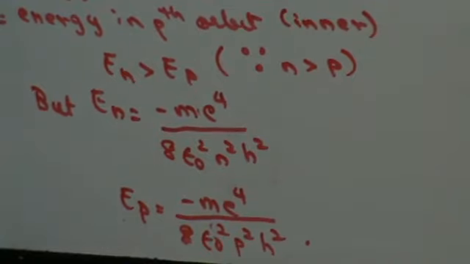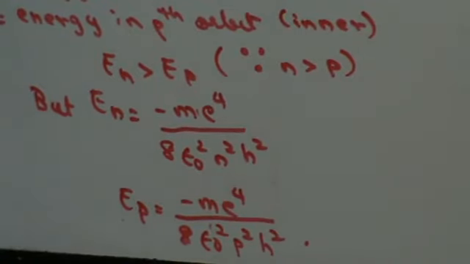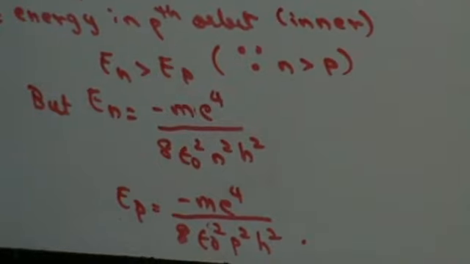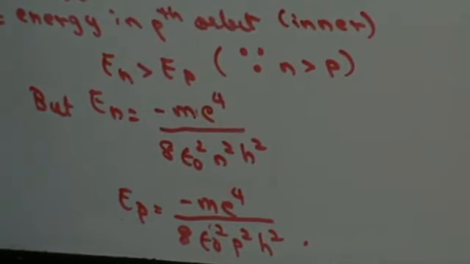Now, according to Bohr's third postulate, when the electron jumps from an outer orbit of higher quantum number to a lower orbit of smaller quantum number, it radiates energy which is in the form of photon of frequency v. Remember Bohr's third postulate, En minus Ep is equal to hv.